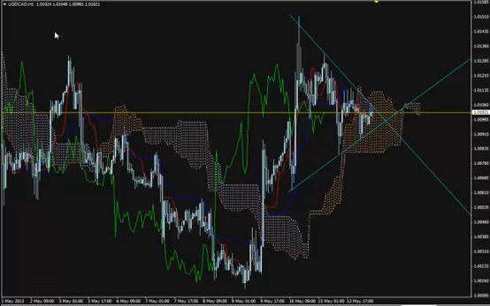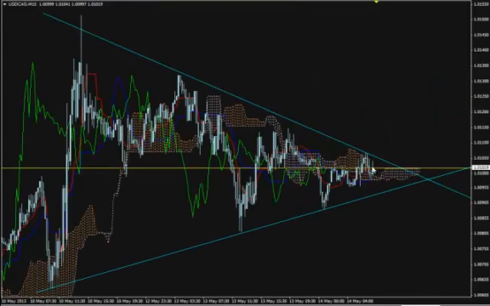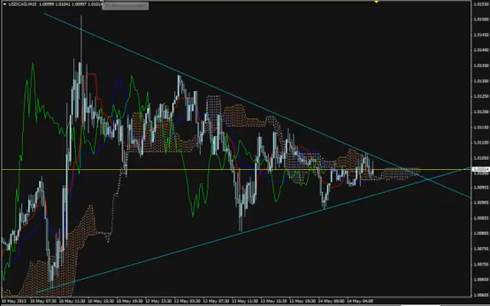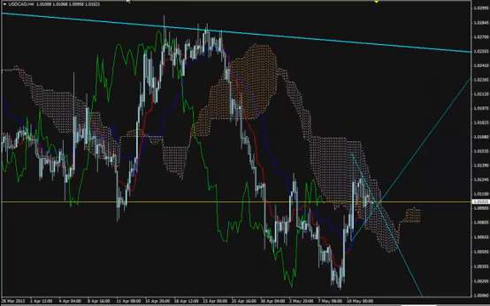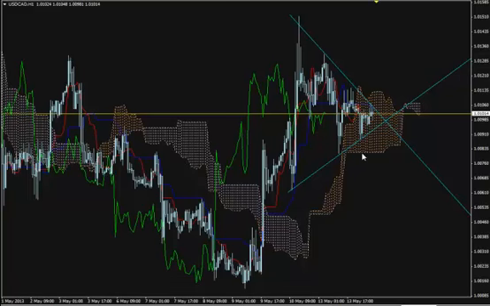So maybe if we enter long monitoring the M15 time frame, we might place our stop a few pips below the lower border of the Kumo here on the H1 chart, for instance. That's just an example.